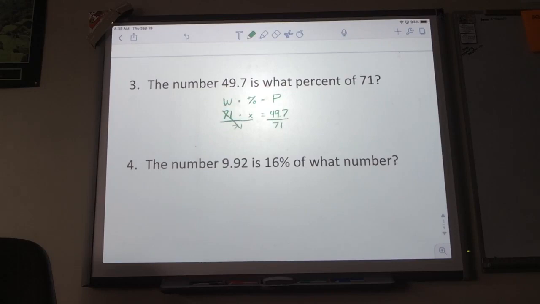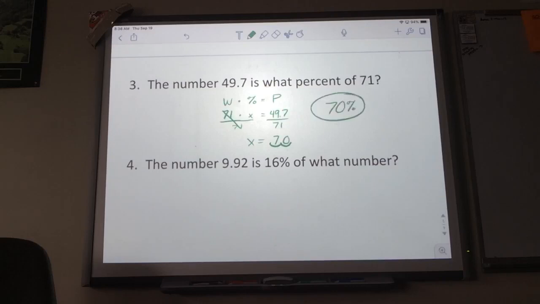So this will give us our percent. What is 49.7 divided by 71? 0.7. And that's not 7%. Remember, when we changed it from a percent to a decimal, we moved it 2, so we also have to move it back 2. So 1, 2, that is 70%.